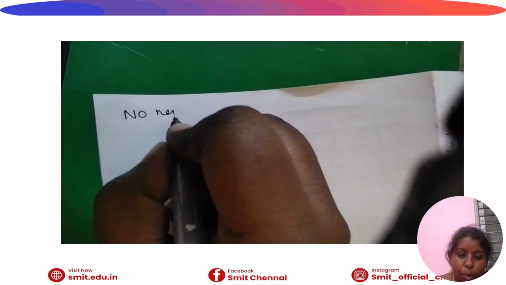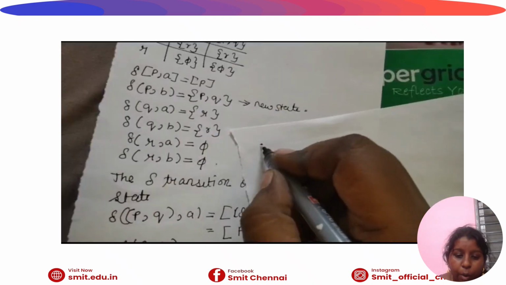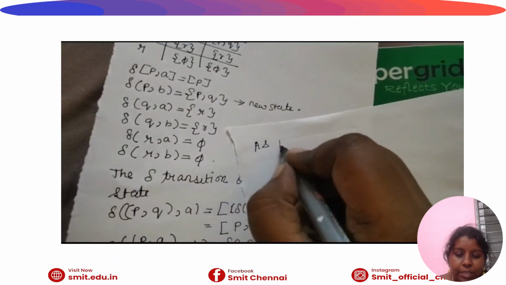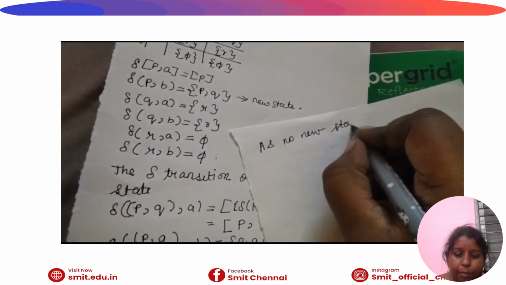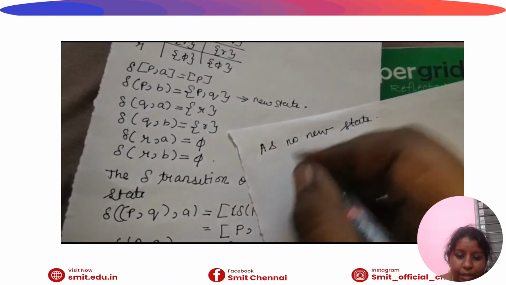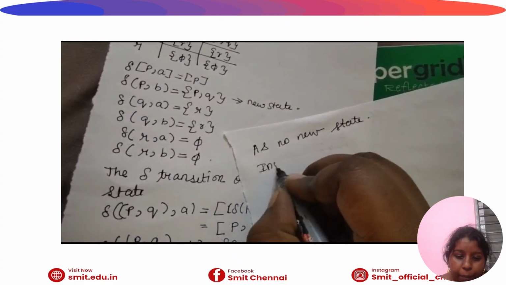As there is no new state, now we can finalize each state and we can draw the DFA diagram.